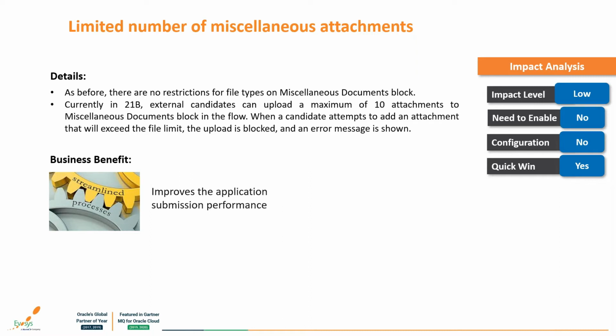This feature will help the recruiter to screen out the documents which are helpful to us, as candidates will attach only 10 required documents. When a candidate attempts to add more than 10, they will get an error message on their screen and the upload will be blocked. This will improve the application submission process, and yes, this is a quick win for us.